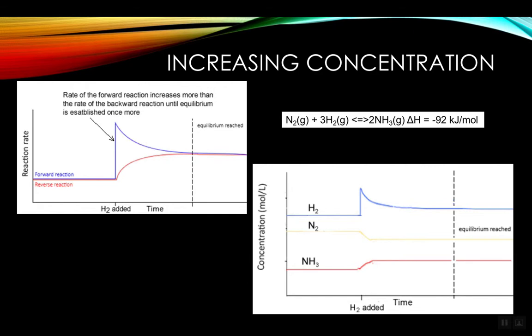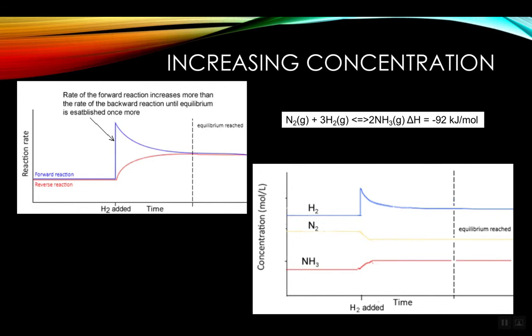If it's a concentration time graph, then you'll see a separate line for each of your reactants and products. You'll see a steep line up in the blue one there, and that's the one thing that you're adding. And that will fall back down. Now here's where we see our molar ratio. Because if you look at the equation, there are 3 hydrogens to every nitrogen.